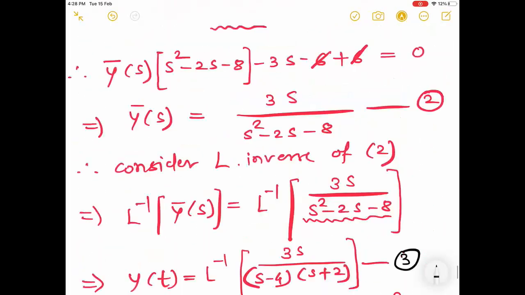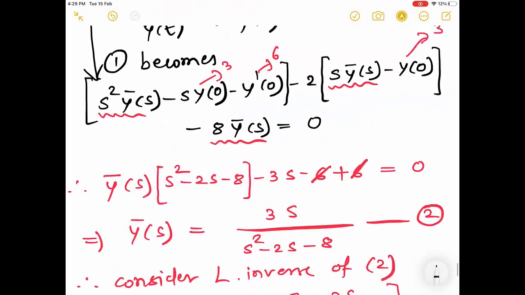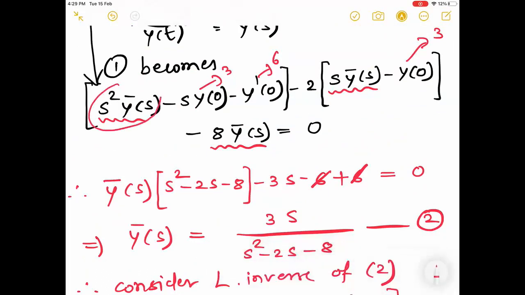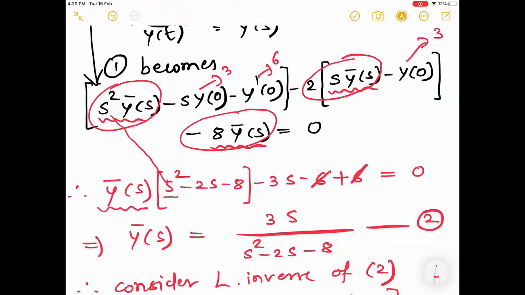See, I have collected only the terms of y bar s. Which are the terms of y bar s? This is your y bar s term, this is your y bar s term, and this is your y bar s term. So that is taken out, and the remaining is the coefficient. So s square from this, from here 2s, and from here 8.